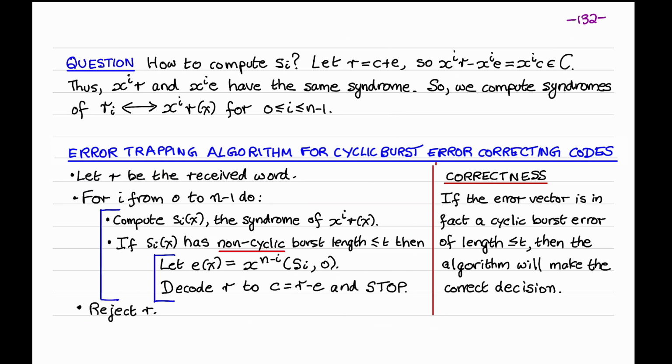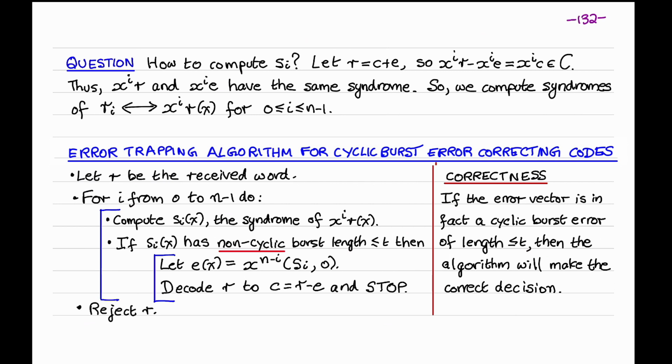Let me justify the correctness of this decoding algorithm. Suppose that the error vector is in fact a cyclic burst error of length at most t. I'm making this assumption because I don't care what the decoding algorithm does if the error vector is not a cyclic burst of length at most t. In that event, we saw in the previous slide that some cyclic shift of E, let's say E_i, will have its non-zero entries in its first n minus k coordinate positions.